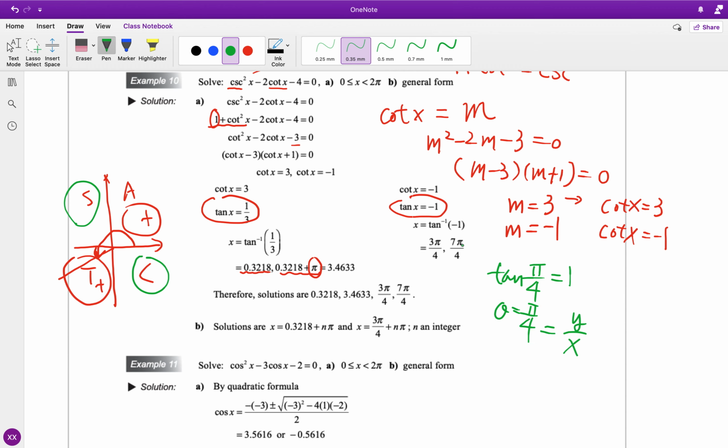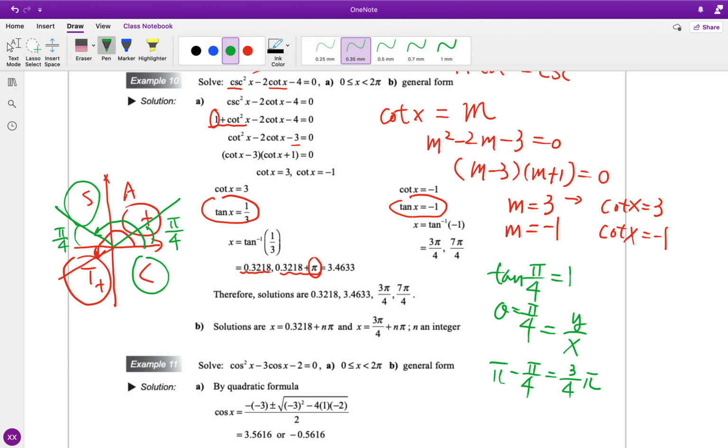However, this is -1. So even though this is your pi/4, you have to use your angle now. It is here. This is pi/4, but your angle is over here. So you use pi subtract pi/4, then that is your 3/4 pi.